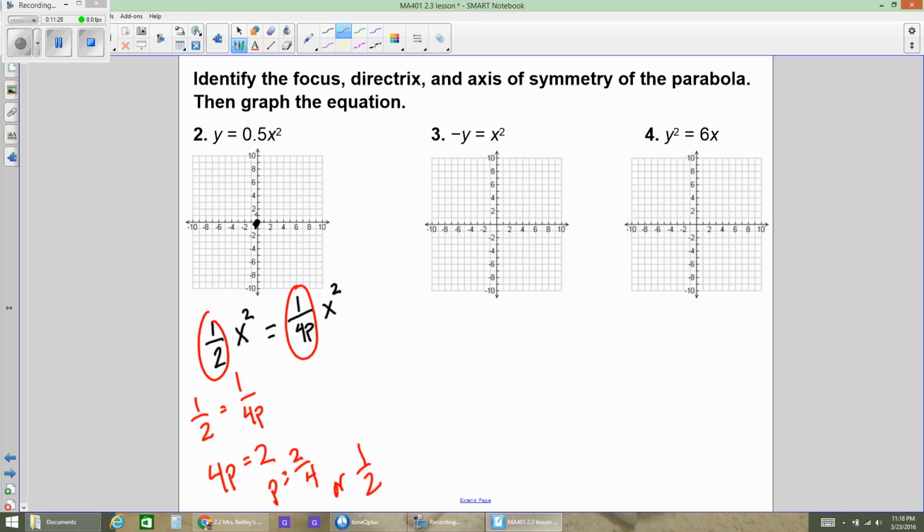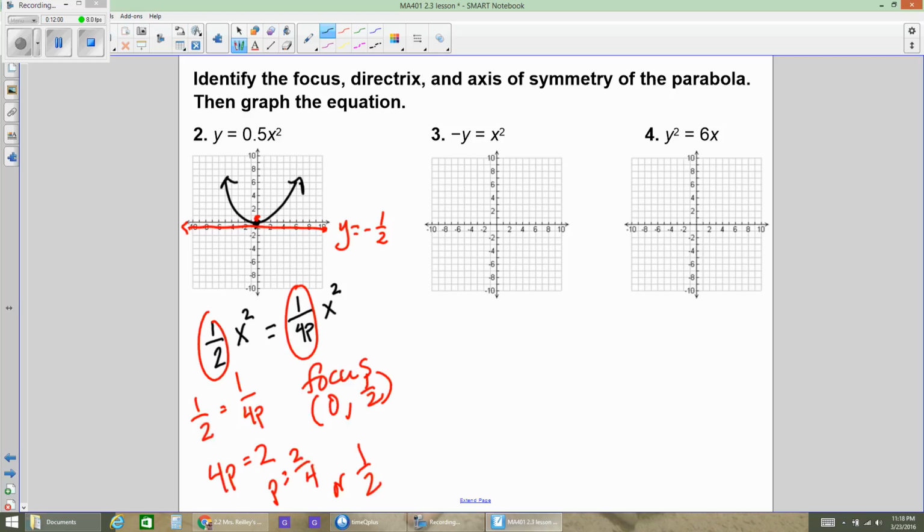So we're going to go 1/2 up for the focus. So 0 on the x, 1/2 up. The directrix is 1/2 down, and the directrix is y equals, so it's negative 1/2. And we're just going to wing it here for our parabola and just say it opens like this.